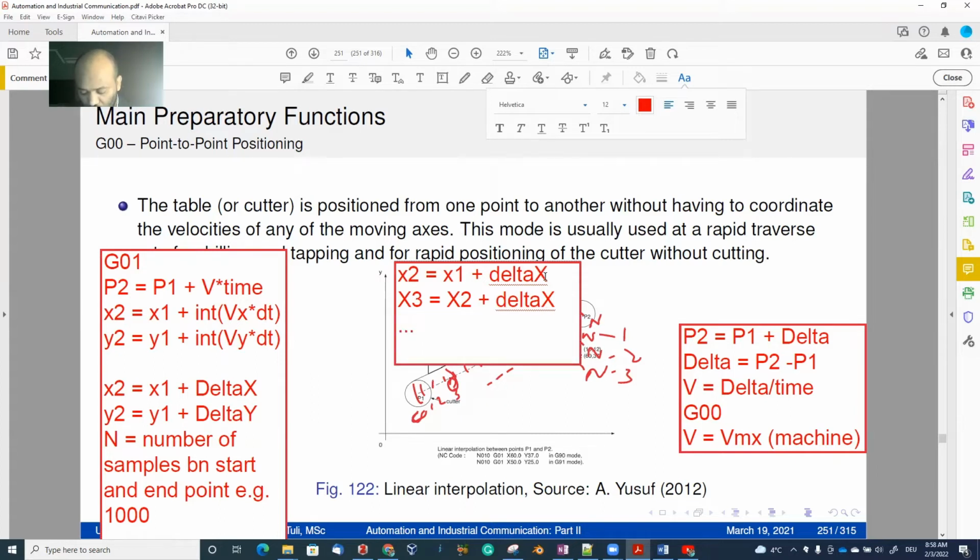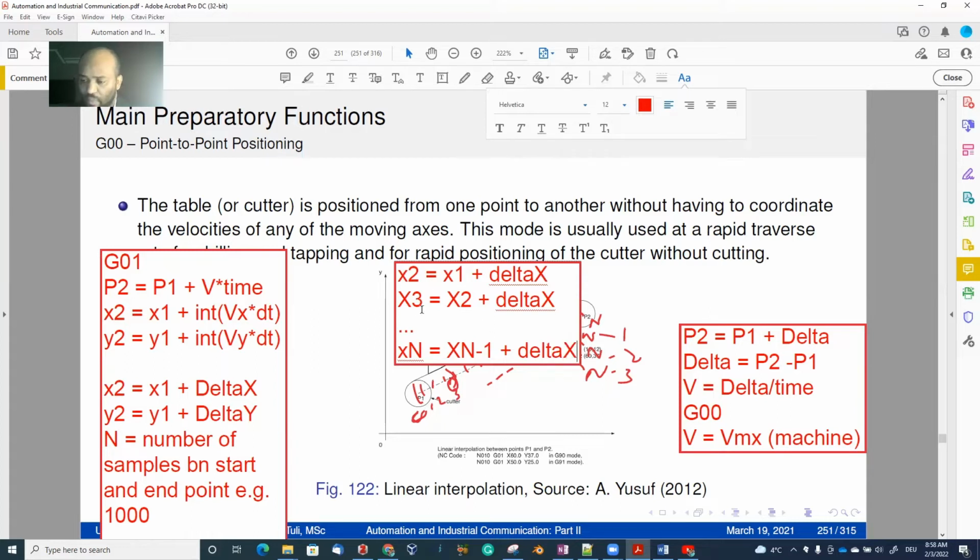Then X of n equals X of n minus 1 plus delta X.